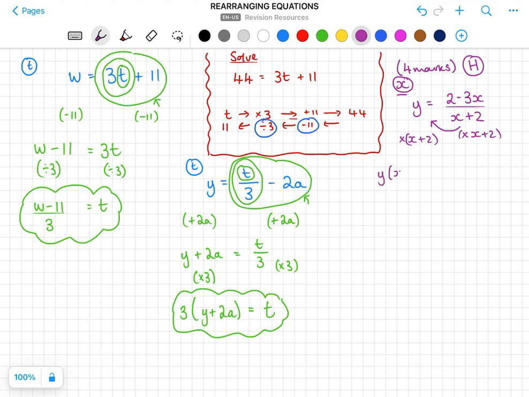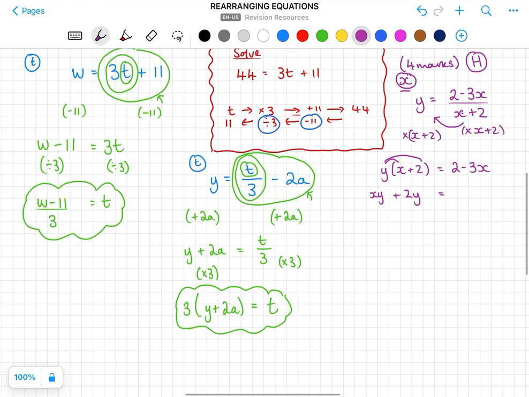Always use brackets when it comes to algebra. So 2 minus 3x, because we've now cancelled out that denominator of the x plus 2. Next, we expand: xy plus 2y. Just note, if you wrote yx, that is still the same.